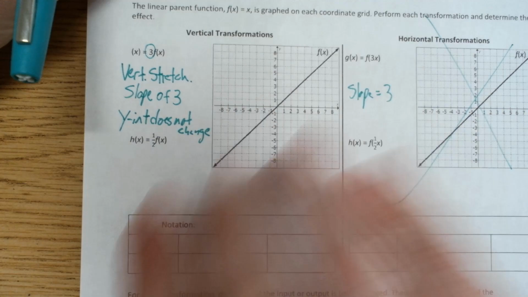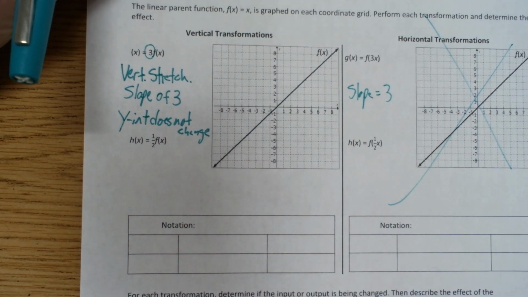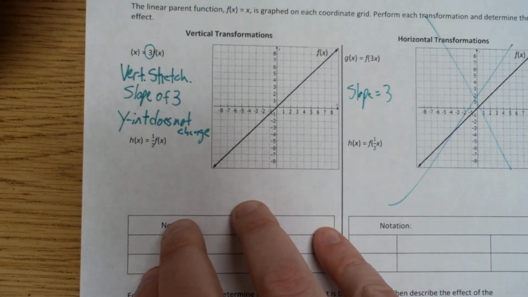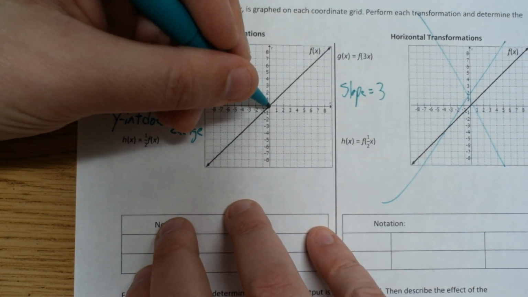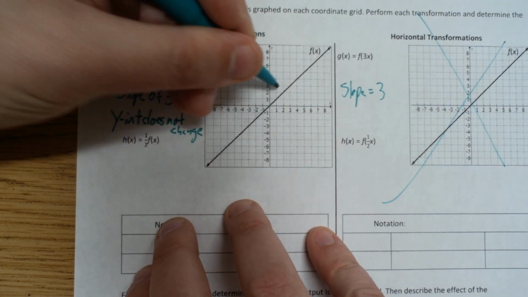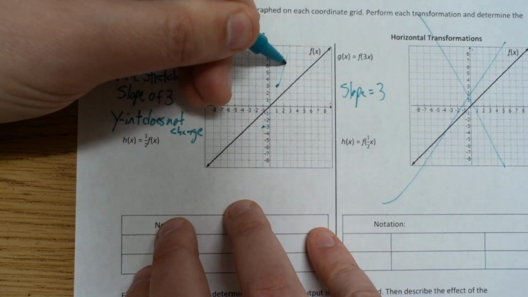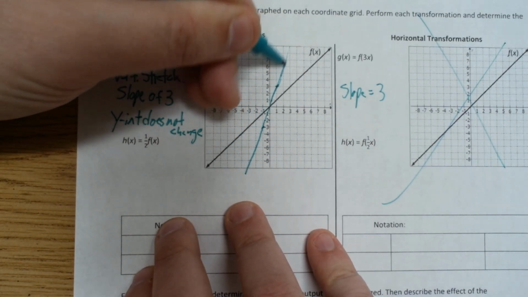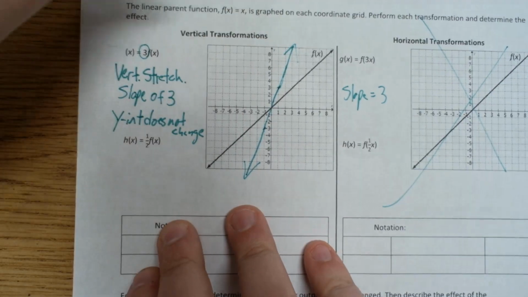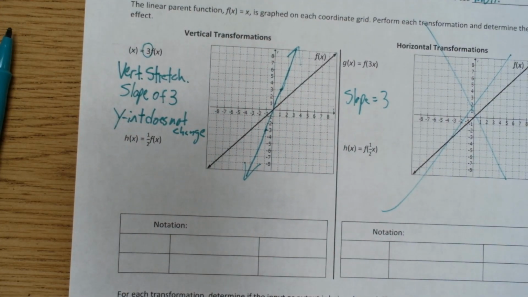But the way that we work it out, if we get a couple points on it, it works out fine for us. So if I do a slope of 3, 3 over 1, or down 3 to the right 1, that would be this line right here. That gives us our vertical stretch.